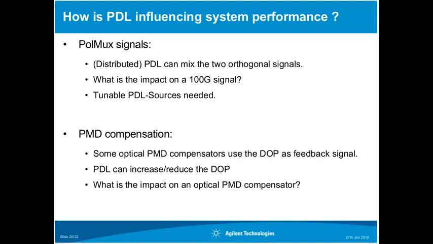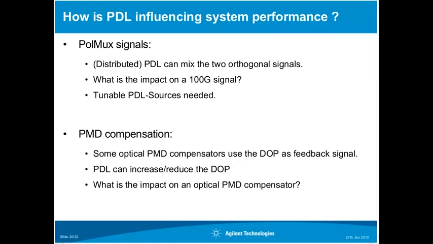PMD compensation at 40 gigabit might also be influenced by PDL, in particular if you use the degree of polarization as a feedback signal. The reason why people use degree of polarization is because you get a quite nice quality signal out of the DOP.